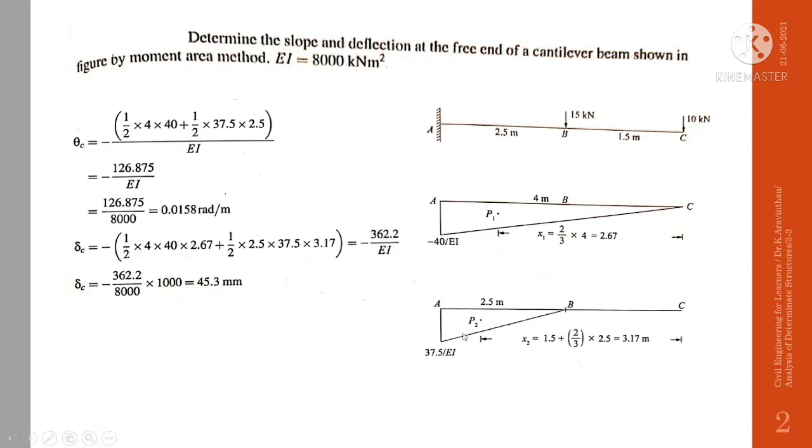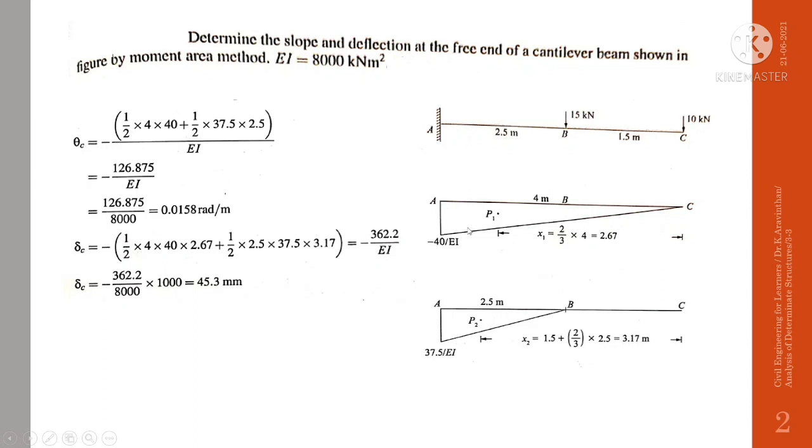Likewise, here we take the 10 kilonewton load only and find the bending moment. 10 into 4 will be your bending moment at point A, so it will be 40 by EI, and you can join the lines.